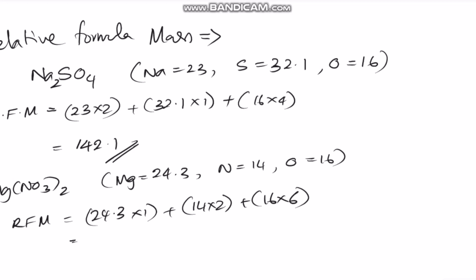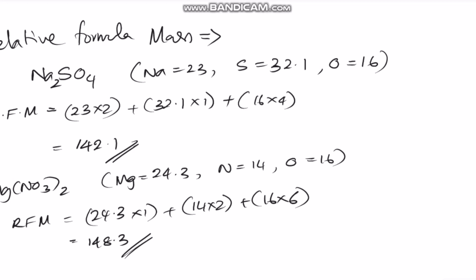So this gives you 24.3 plus 28 plus 16 into 6. You get 148.3. That's the relative formula mass.